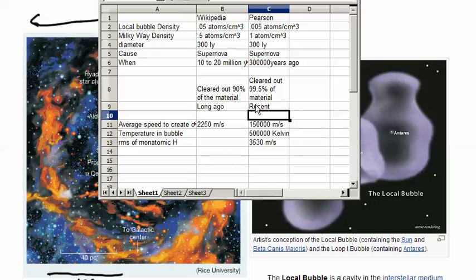Two reasonably respectable sources with highly different numbers on a description of the same phenomena, with the only real agreements being how big the diameter of the thing is and what caused it, but having major disagreements about how much material was cleared out and how long ago the thing happened.